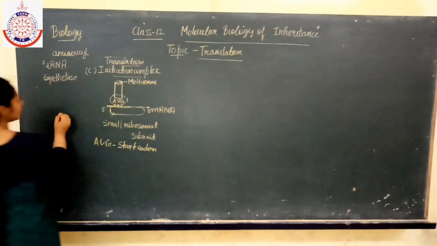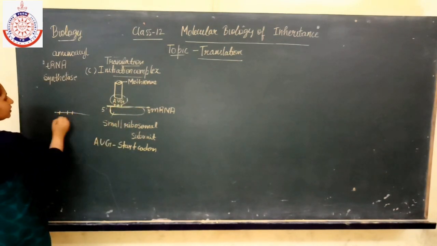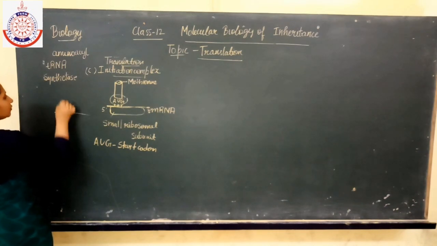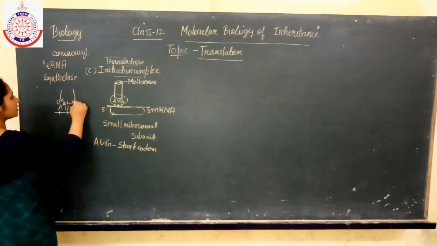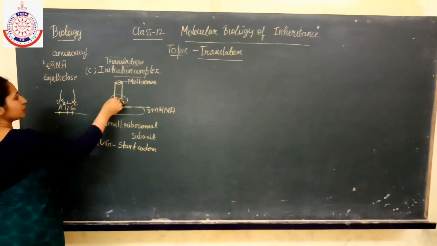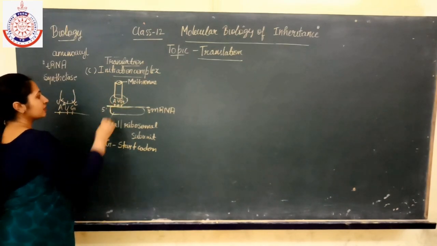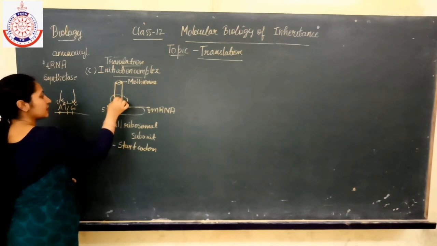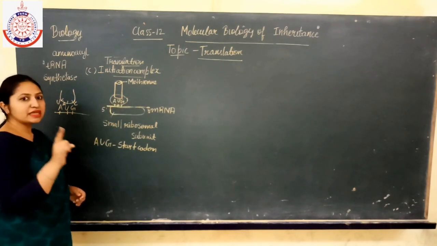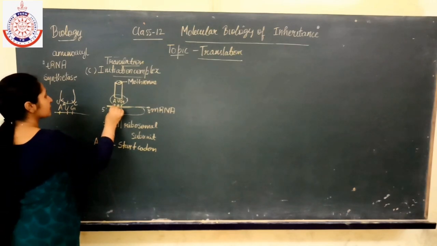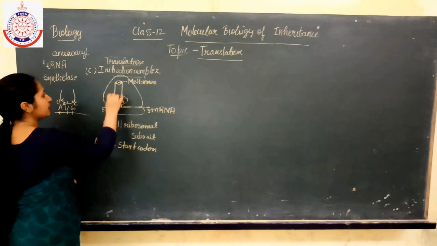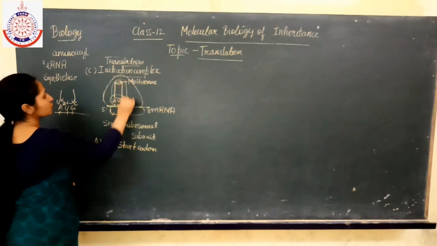I will show this part here: if the mRNA has AUG, then it binds with the anticodon of the tRNA, where A pairs with U, U with A, and G with C. This anticodon portion is present on the tRNA molecule and binds with the codon. After that, this tRNA binds with the P site of the large ribosomal subunit.